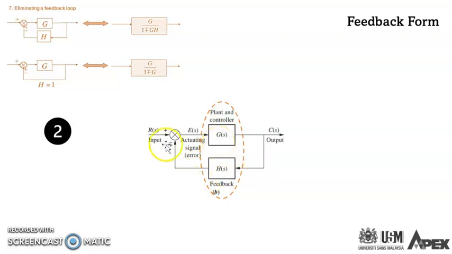Then you just apply this formula. It doesn't make much difference once you remember this one, because if H is 1, this one is 1. So this is how you eliminate a feedback loop.